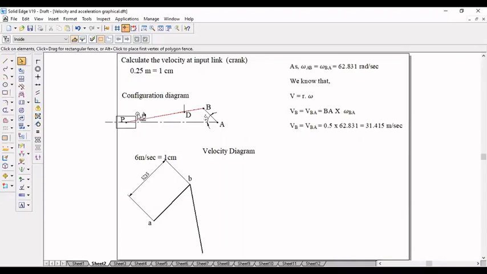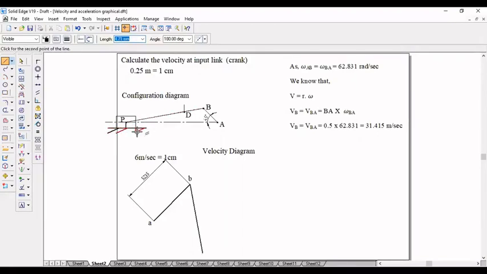Next is the velocity with respect to the piston. So how should we construct the piston velocity line? See, this is a point. From this particular point, you must draw one line like this. Let me consider this is the ground. From this particular point to the ground, you must draw a line.